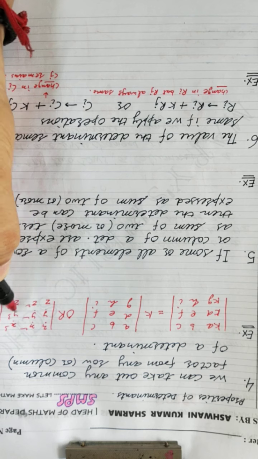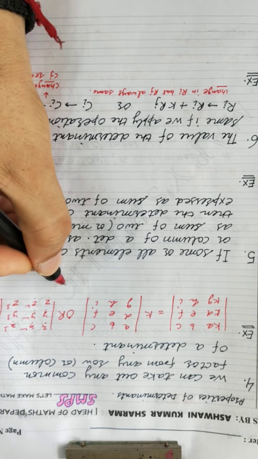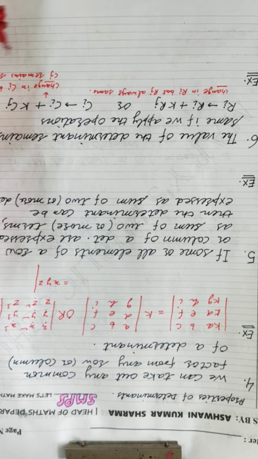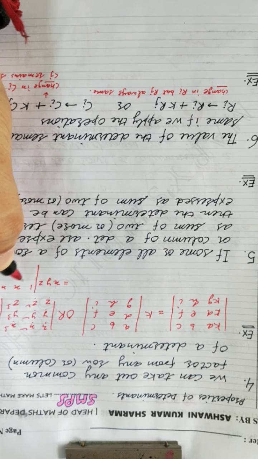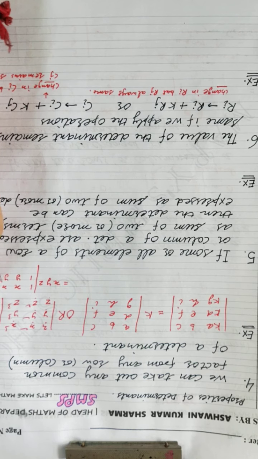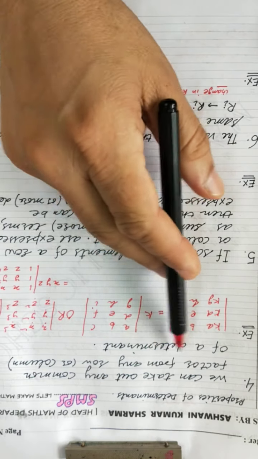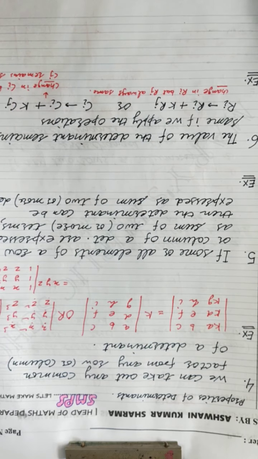Similarly, we can take common y from the second row and common z from the third row. So what will you get? x, y, z are common from R1, R2, R3 respectively. So what will you get here? 1, x, x square, 1, y, y square, 1, z, z square. Got it? So we can take out any common factor from any row or column of a determinant.